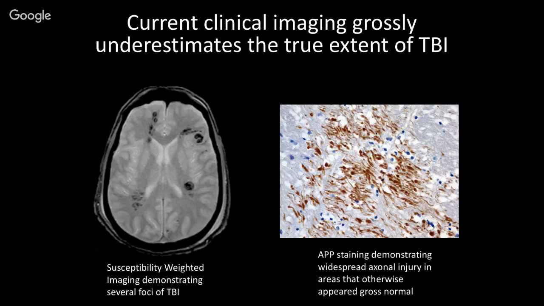And so again, when we look at the spaces between these large lesions within the brain that essentially look normal on imaging, we can see that there's a whole lot going on microscopically and molecularly that may contribute to a patient's symptoms.